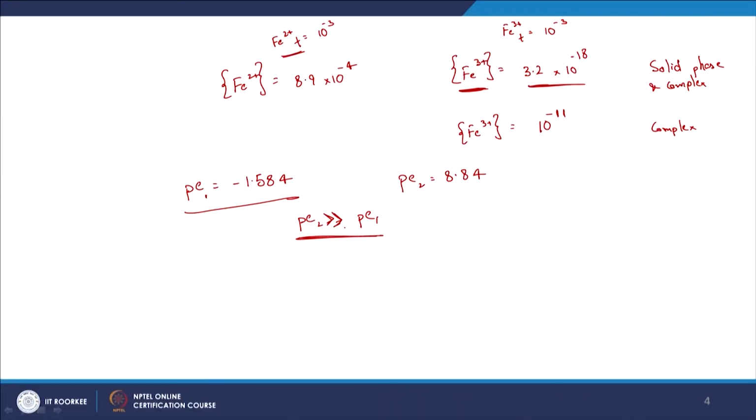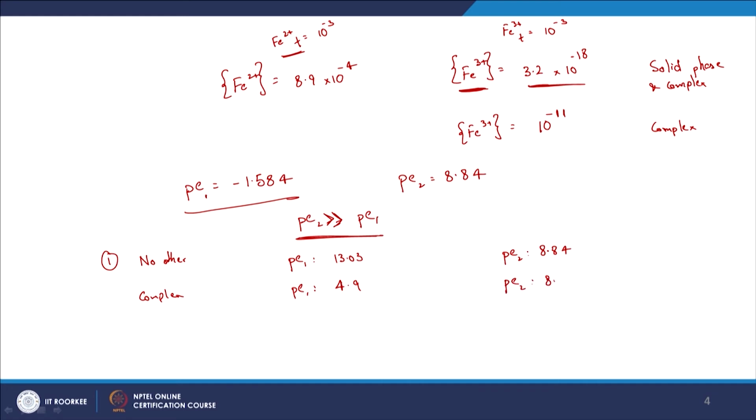So let's try to summarize what we have been up to thus far. Again, we now see that PE1 is much lesser than PE2. But what was the case when we only considered redox reactions and no other reactions? We saw that PE1 was 13.03 and PE2 was 8.84. And when we considered complexes, PE1 was 4.9, PE2 stays the same.